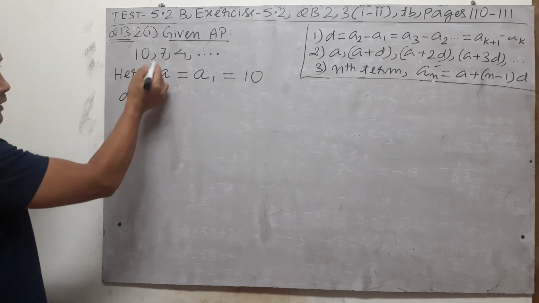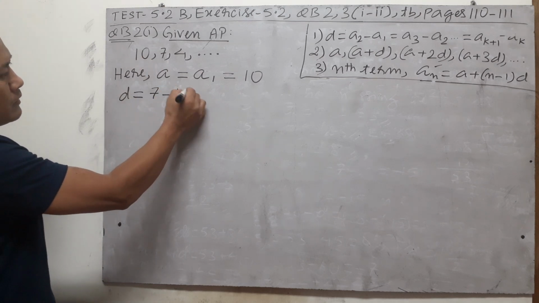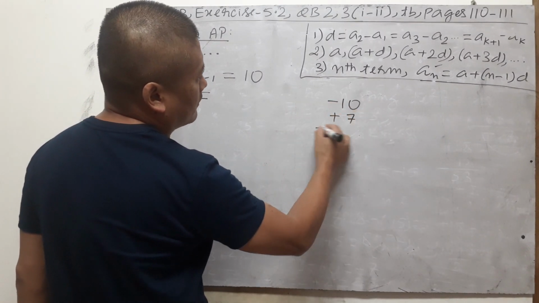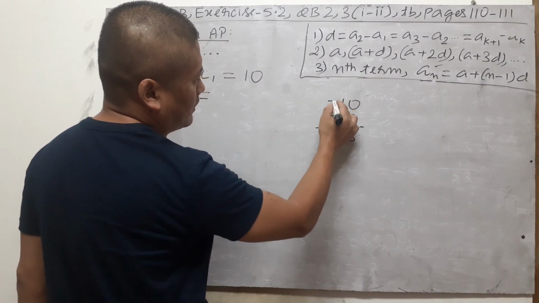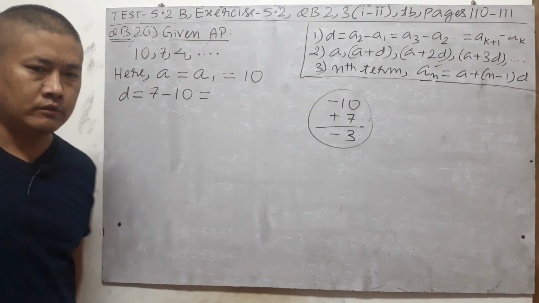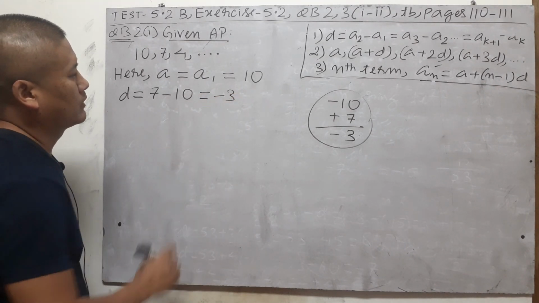So you can take any one. So 7 minus 10. That is minus 10 plus 7, which is subtraction. So 3. Bigger absolute value is 10 having a minus sign, so the answer 3 also will have a minus sign. So the common difference is minus 3.